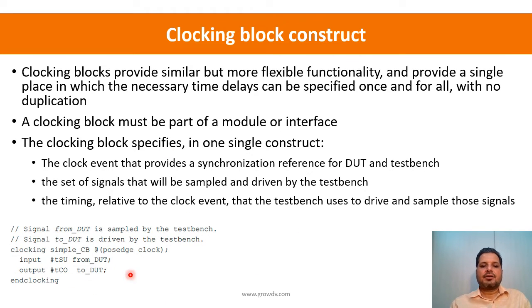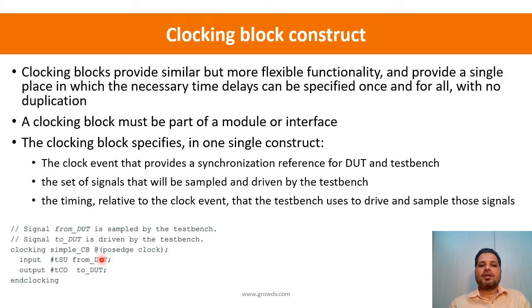The TSU and the TCO that we talked about can all be specified in a single construct. And the way it's defined is like this: we have a clocking keyword, and we say simple CB, which is a name, at posedge of the clock is the clocking event, and we are saying this is the input signal, and the input skew is TSU from DUT.